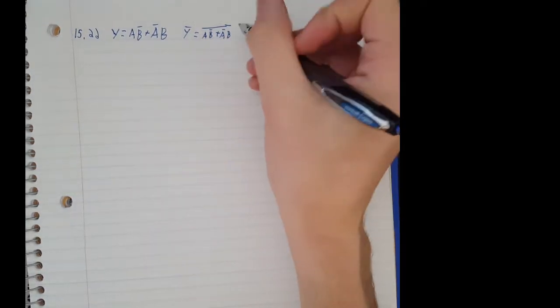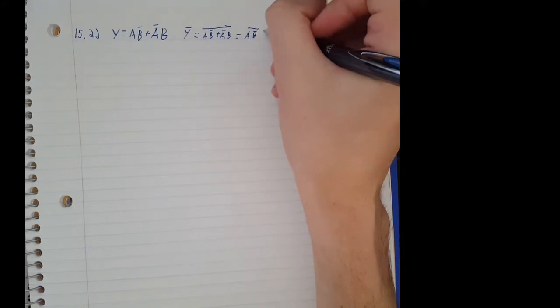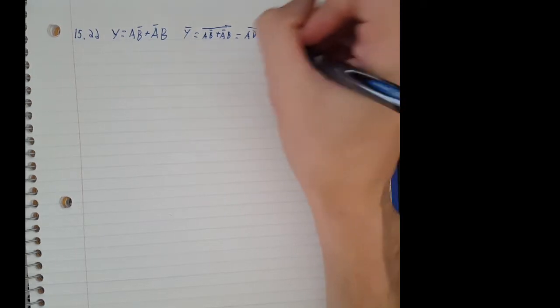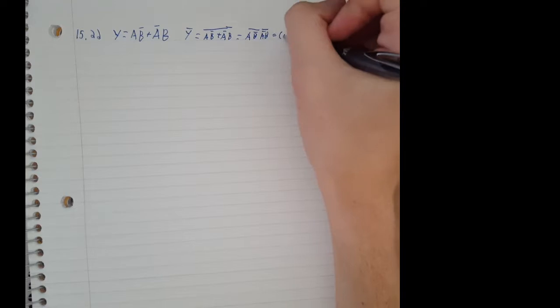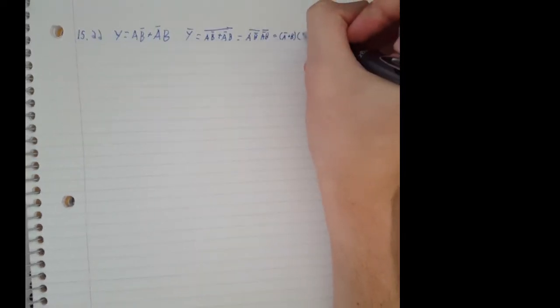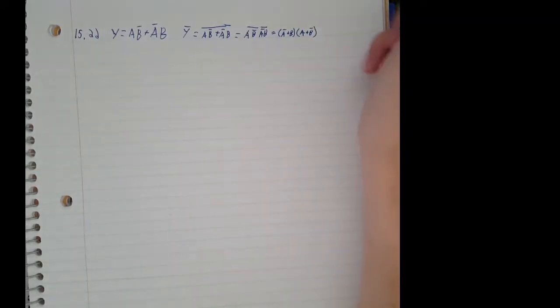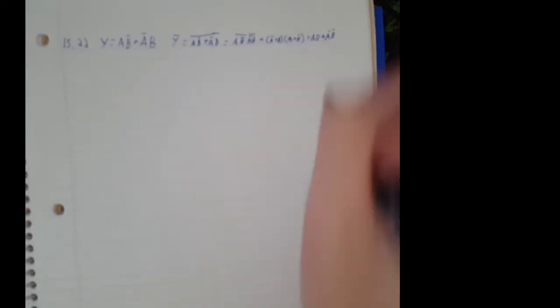Then we're going to distribute this naught, then distribute it some more. Then we're going to multiply these out, and we're going to come up with A and B, or A naught and B naught.